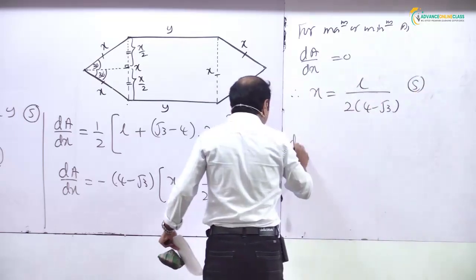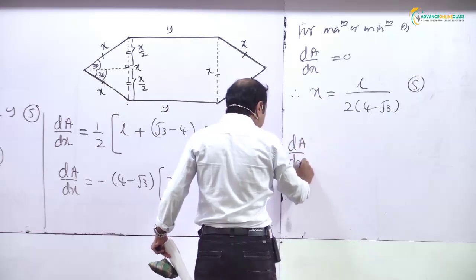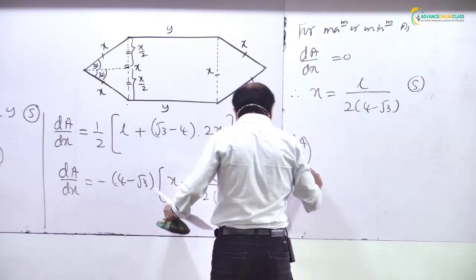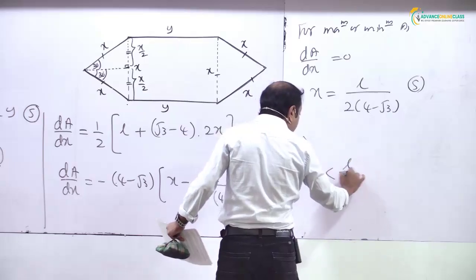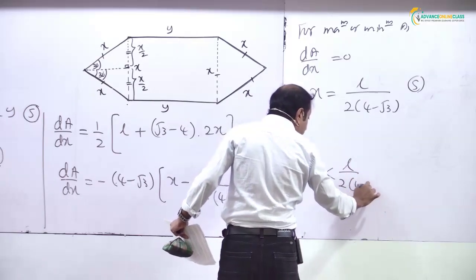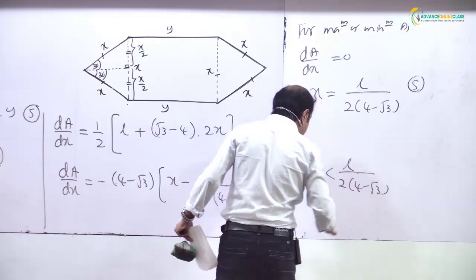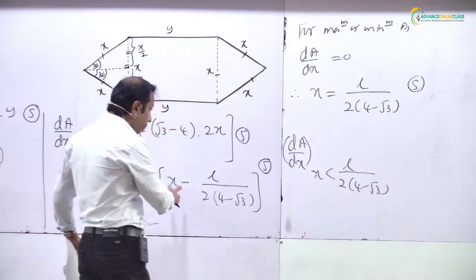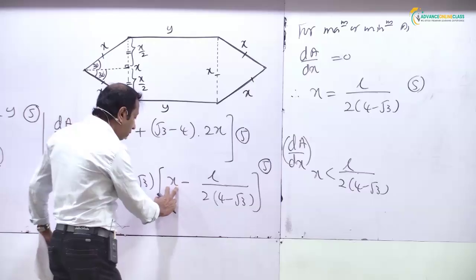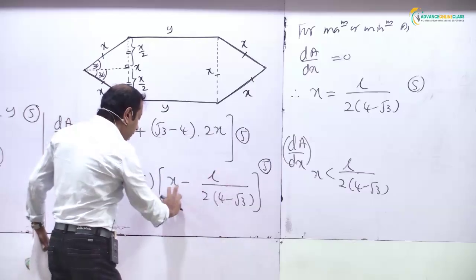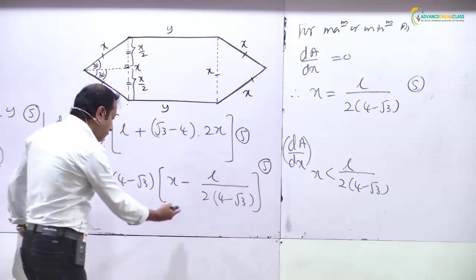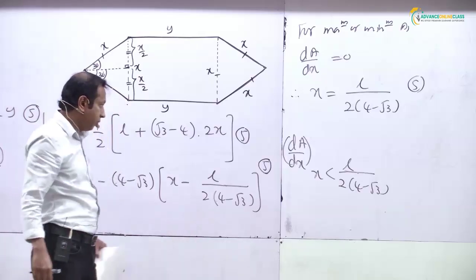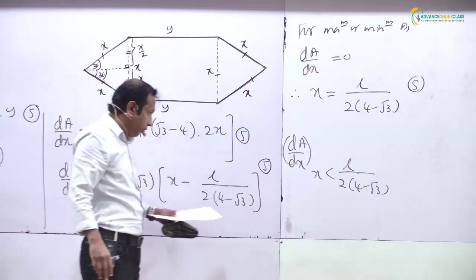Then we find the sign of dA over dx. For x less than L over (4 minus root 3), that means we substitute for x a value which is less than this. Then this is negative, but here also we have negative. Then we have a positive sign.